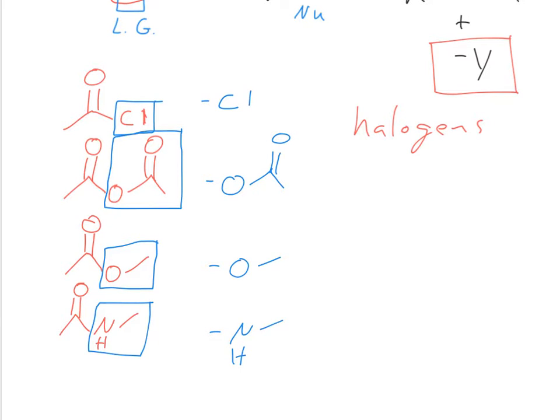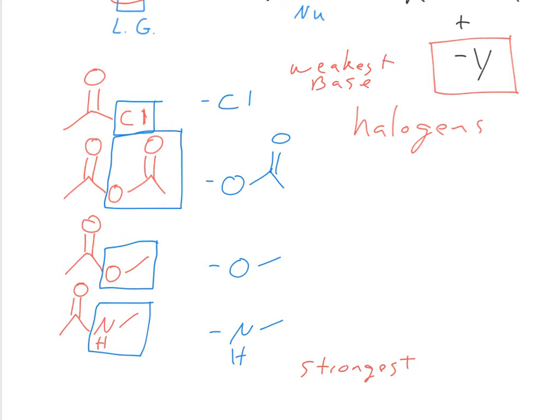Now, what you should think about in terms of thinking about which of these are going to be the best leaving groups, think about which is the weakest base. Right, so if you can think back to our acid-base chapter, whichever was the weakest base is going to be the best leaving group. So this is the weakest base up here. And then the strongest.